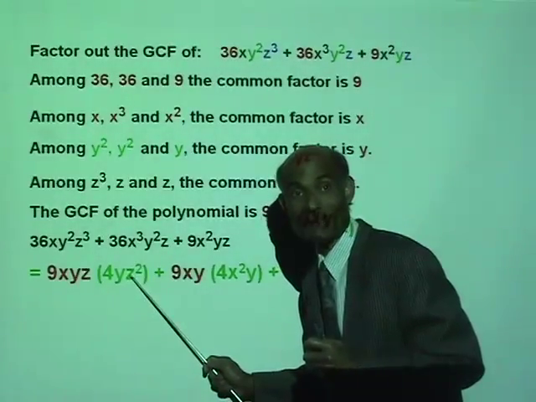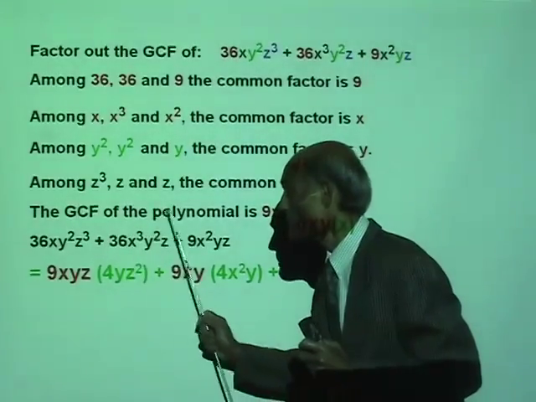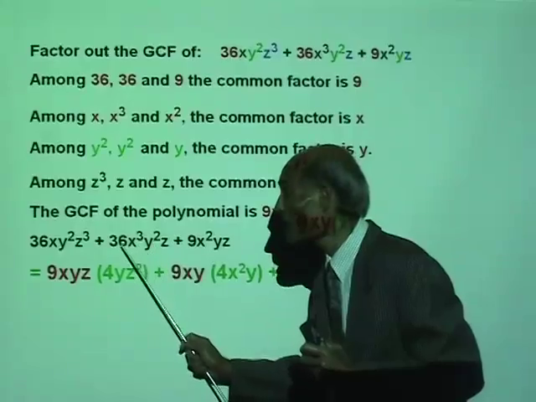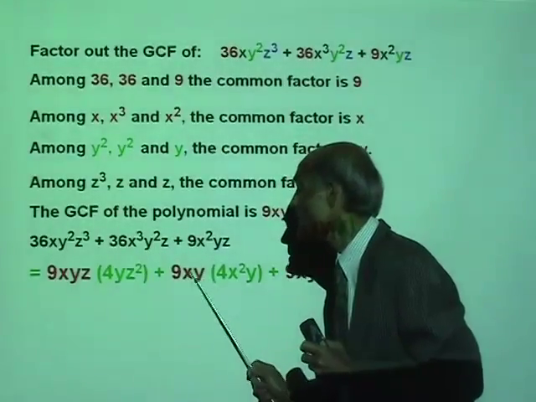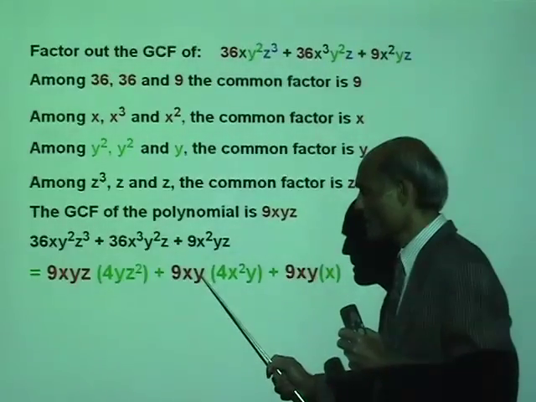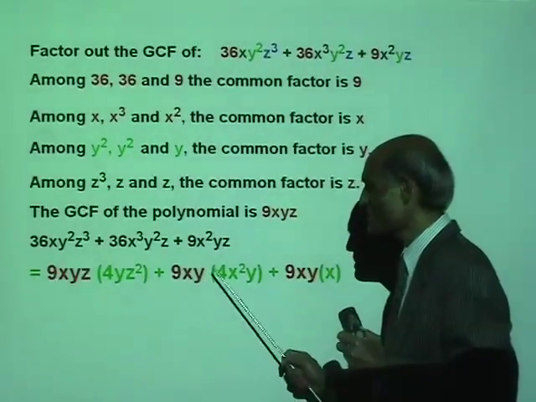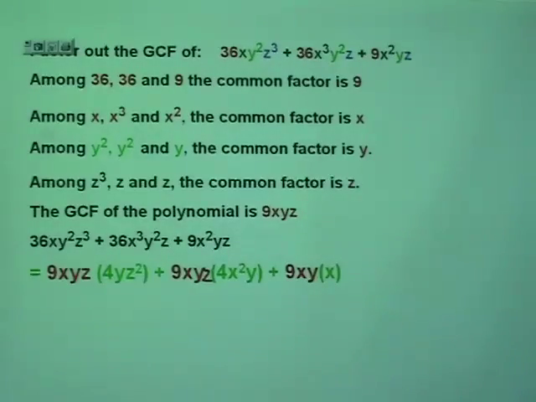Do you understand that? Okay, let's go to the second term. After removing the common factor, 9xyz, you must write that z. The common factor contains 9xyz.